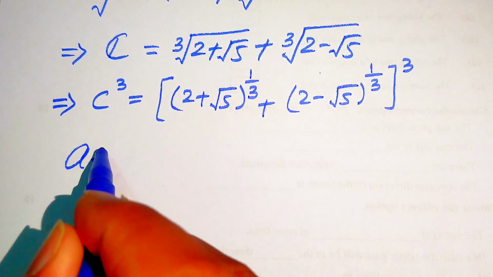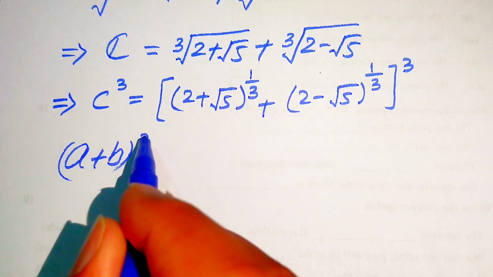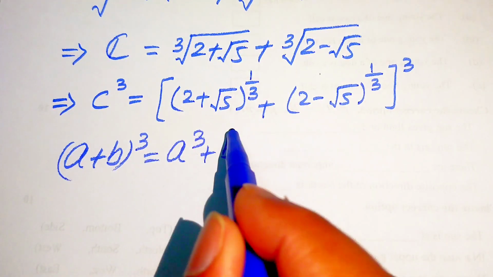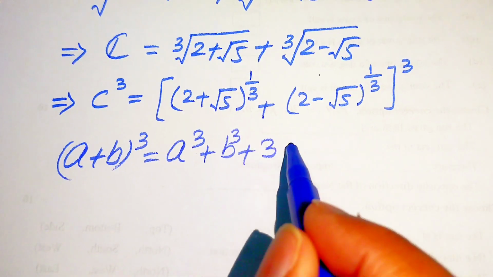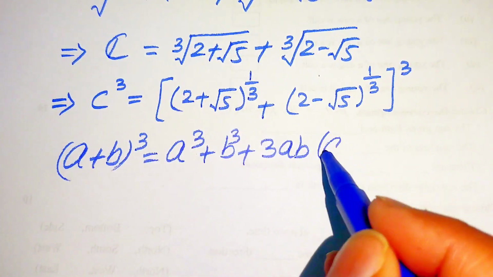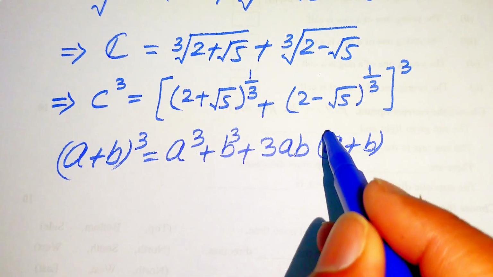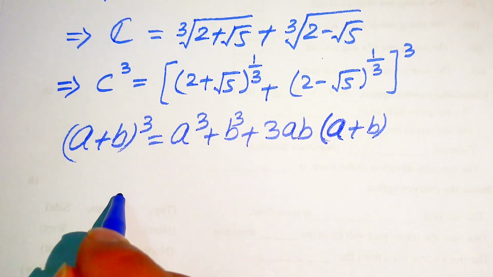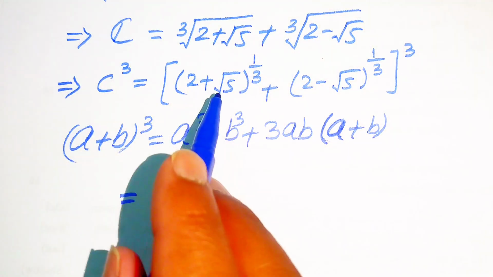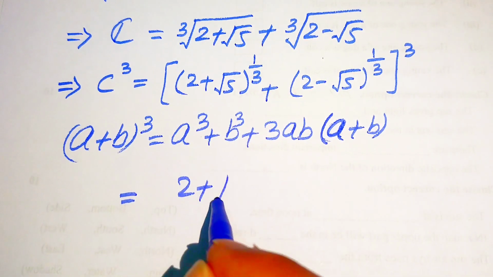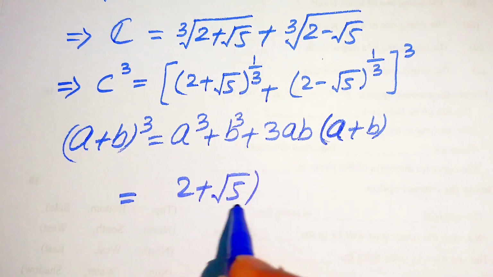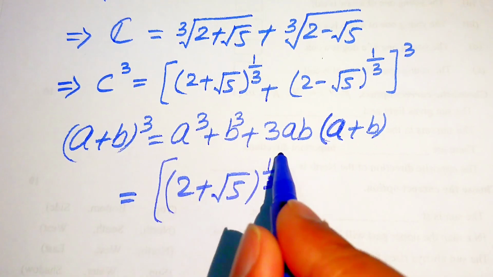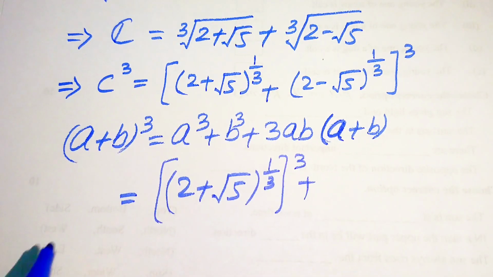You know that if we have a plus b whole cube, it is equals to a cubed plus b cubed plus 3 times of ab into a plus b. So according to this formula, we write our left hand side of the above equation in this form. So we have 2 plus square root of 5 and its power 1 over 3 and its whole cubed plus b cubed.